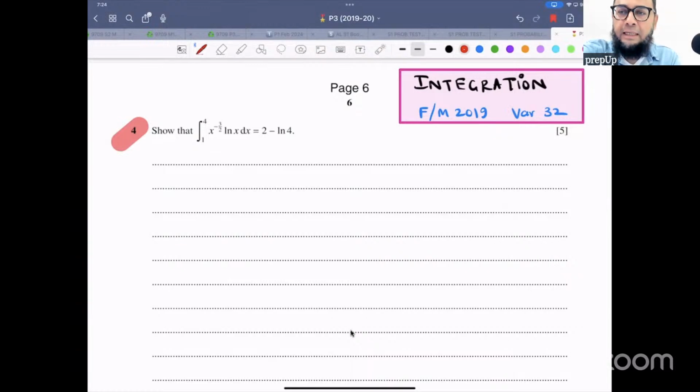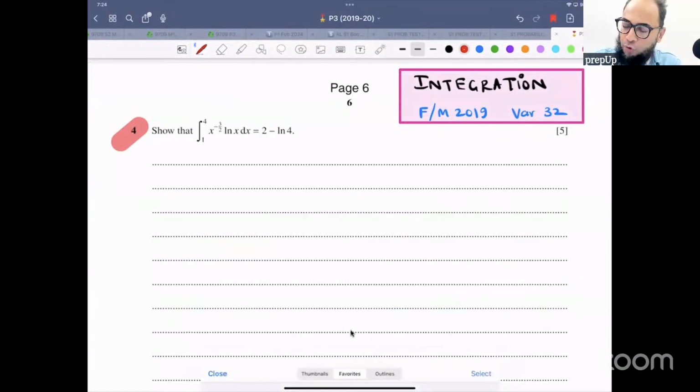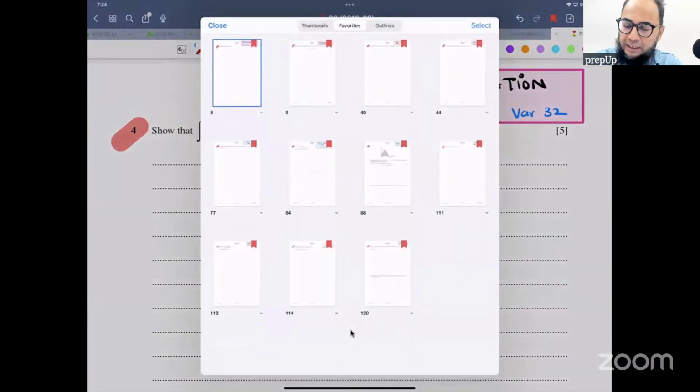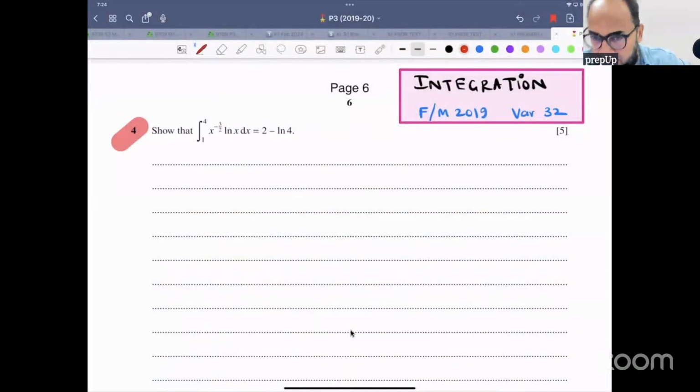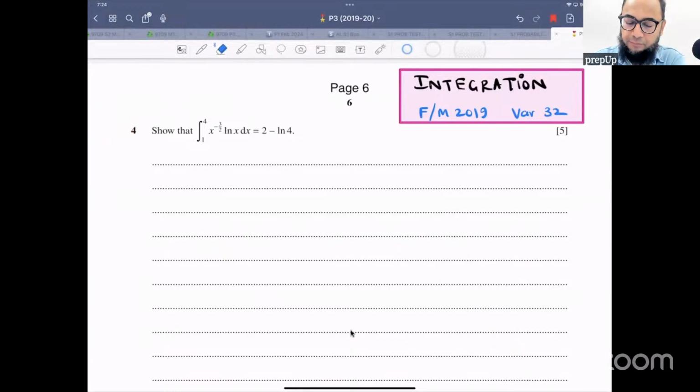Let's see how many we can try out in about an hour's time. Now let's look at question number 4. It says, show that this can be integrated between these two limits, and the answer should be given in the exact form.